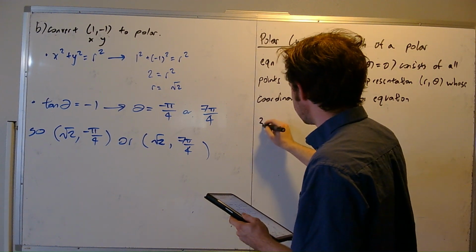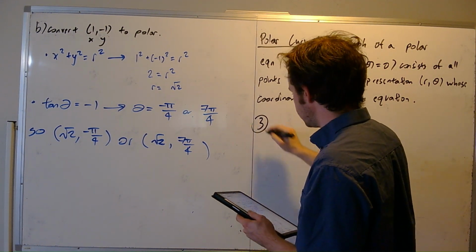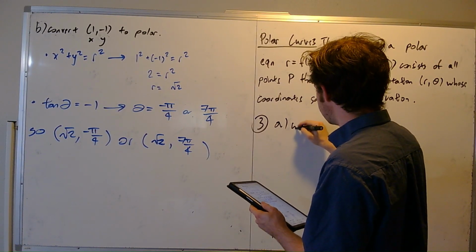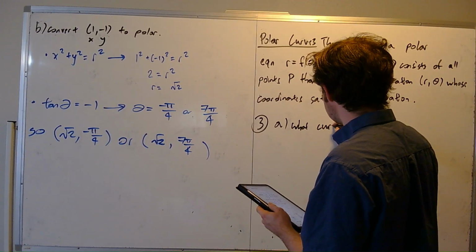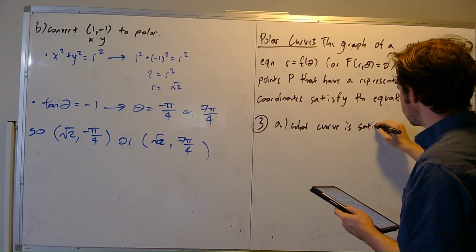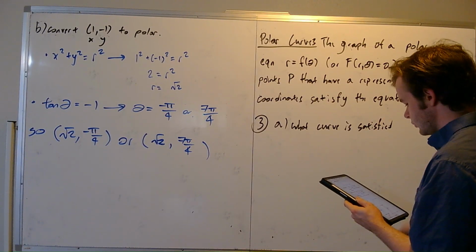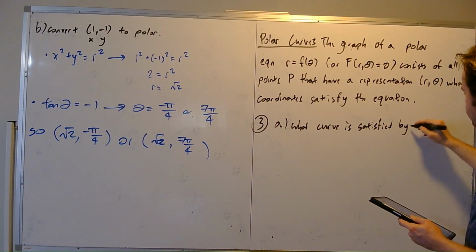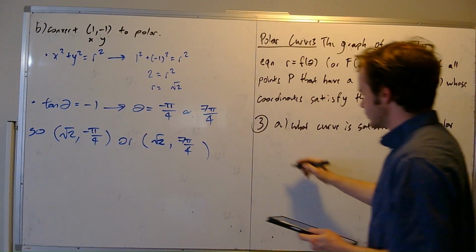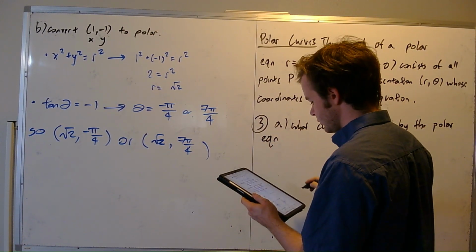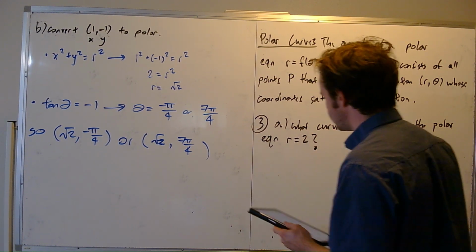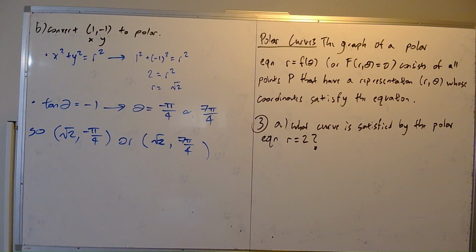And example number 3 is going to say, for A, what curve is satisfied by the polar equation r equals 2? Right, so the equation here that they give us is r equals 2.